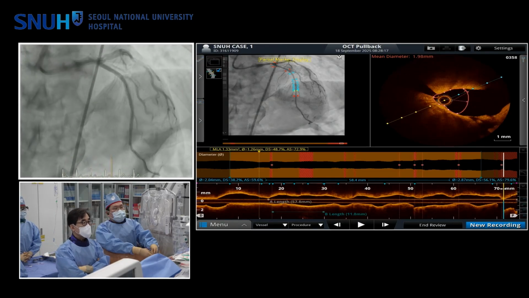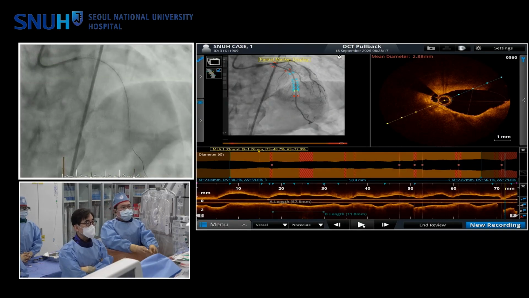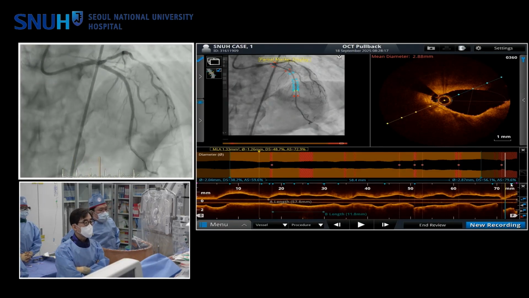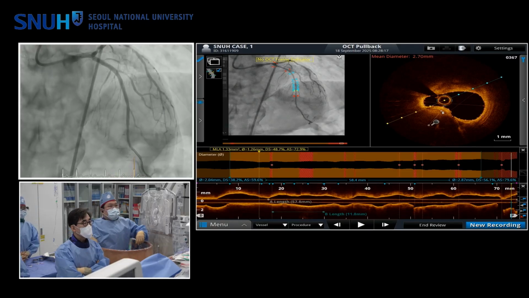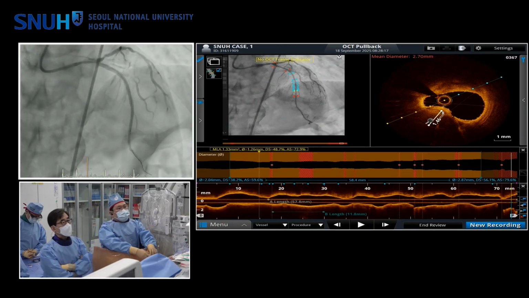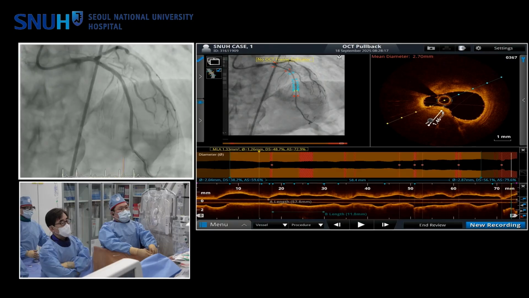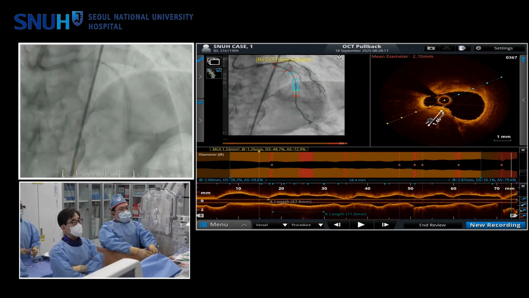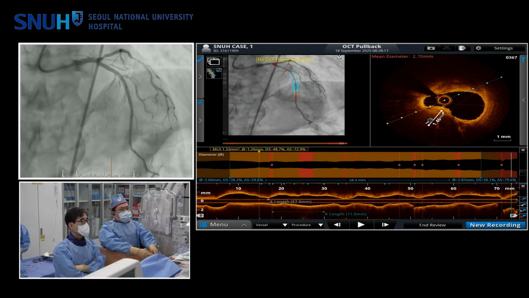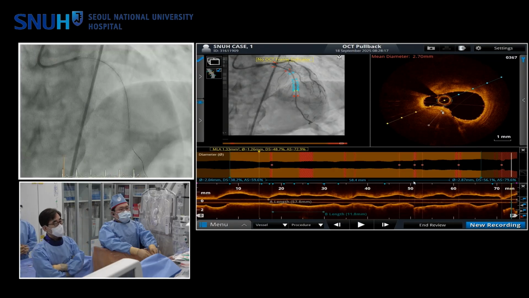Here's the left main distal. We can see a big calcium chunk at the 7 o'clock. Okay, then remember this image. Let's return to the final OCT finding.